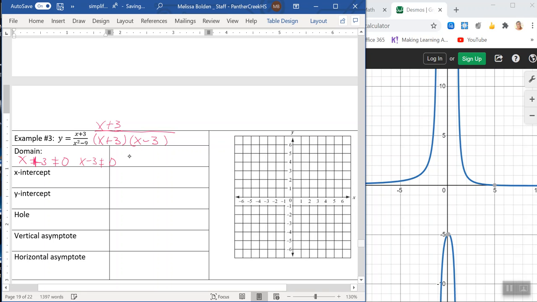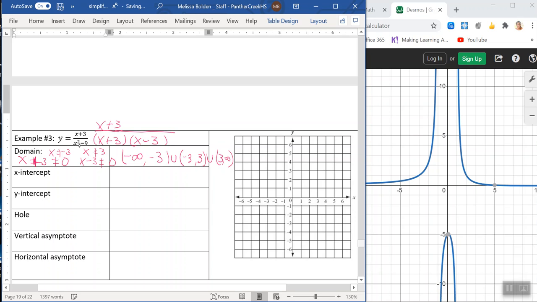So x is not equal to -3, and x is not equal to 3. The way I would write that in interval notation would go from -infinity to -3, we always start at the smaller one, union, -3 to the larger one, union, and then from 3 to infinity.